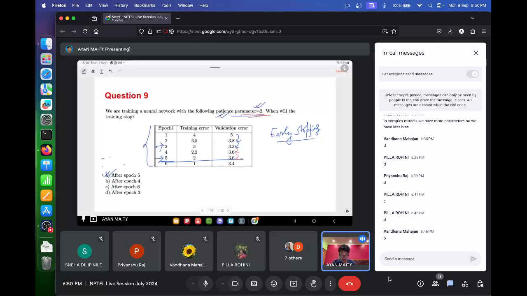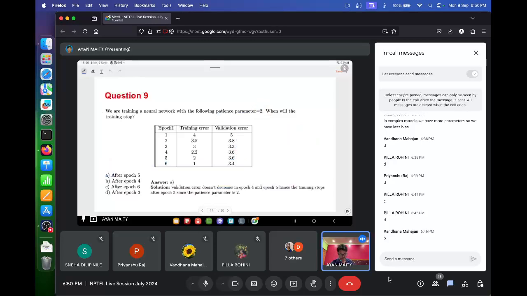So the correct answer is option A. Option A is the correct answer. The validation error doesn't decrease in epoch 4 and epoch 5, hence the training stops after epoch 5 since the patience parameter is 2.